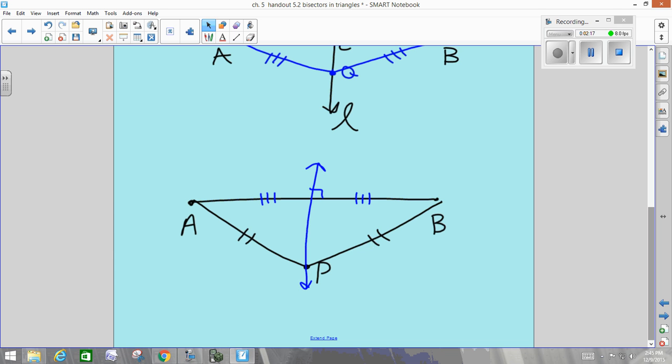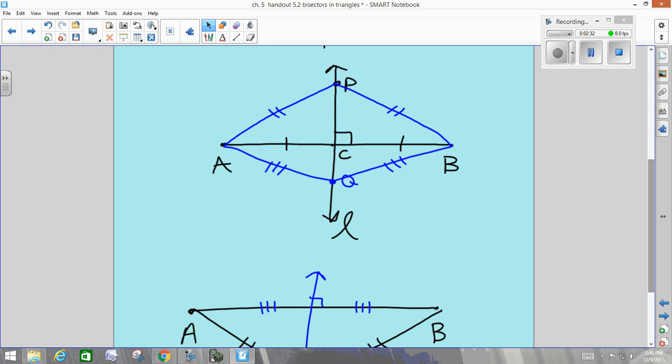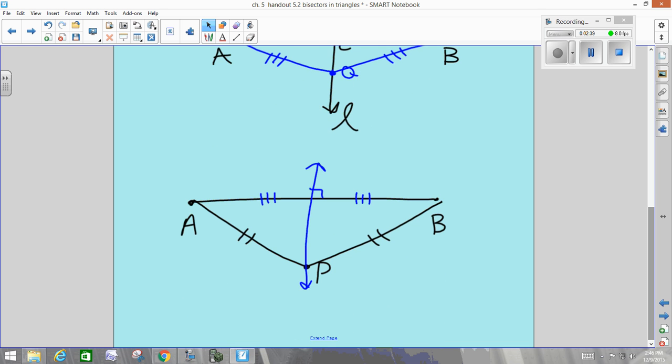Thinking backwards. The first one said that if you have a perpendicular bisector, then any point on it is going to be the same distance to the endpoints. And this one says that if you have a point the same distance from the endpoints, it's got to be on the perpendicular bisector. Okay?